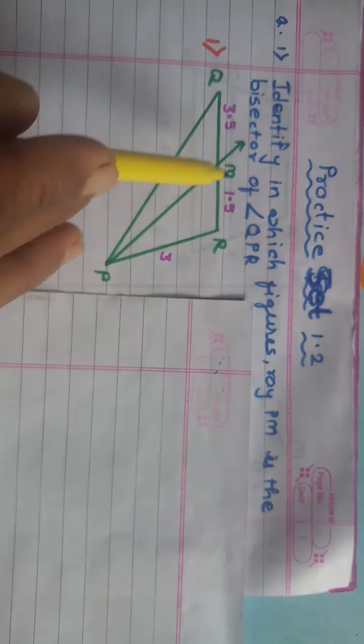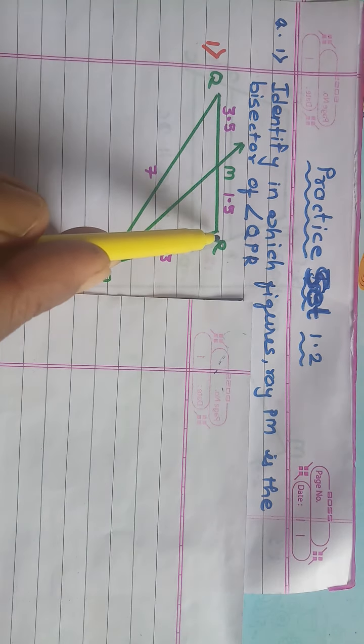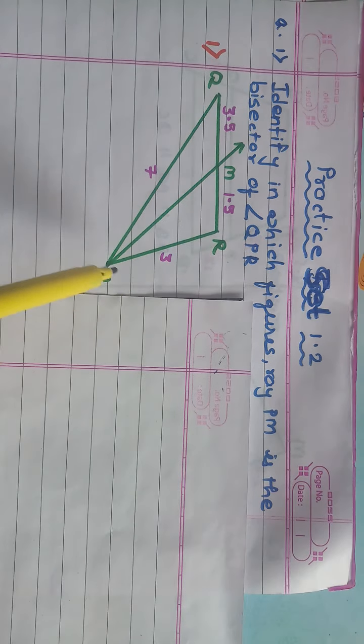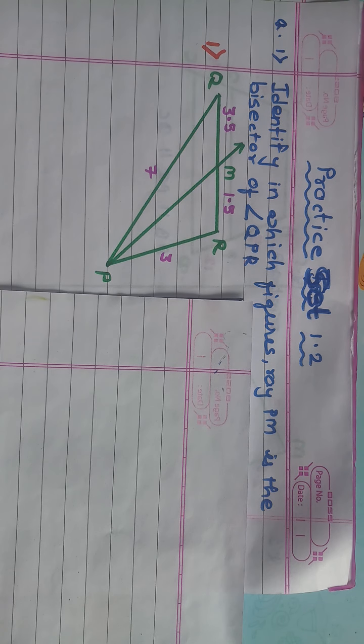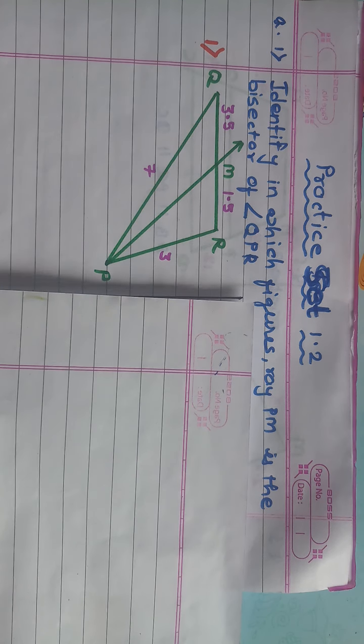To check whether PM is a bisector or not, we have to find out the ratio of QM to MR and QP to PR. If these two ratios are equal, then we can say that PM is a bisector of QPR. So let's find out the ratio.